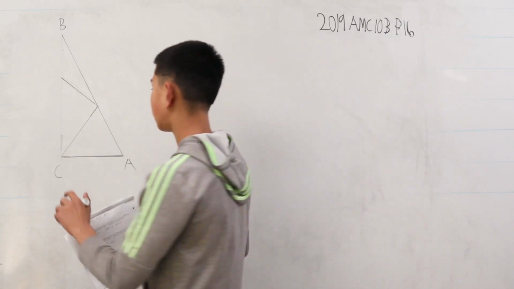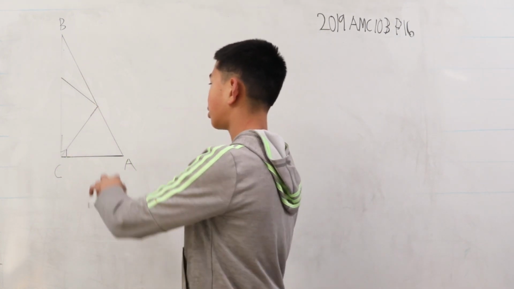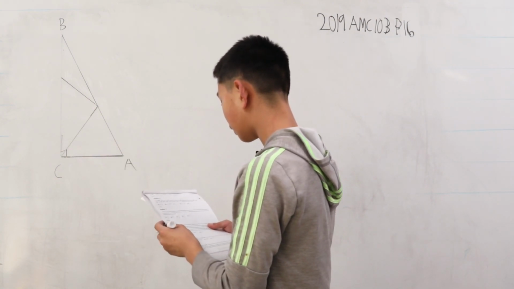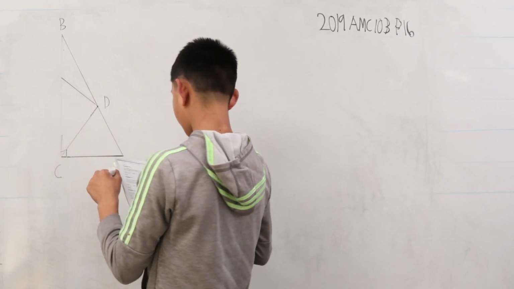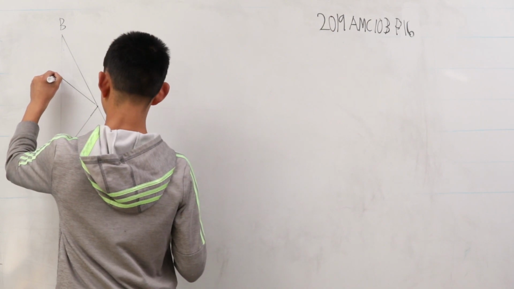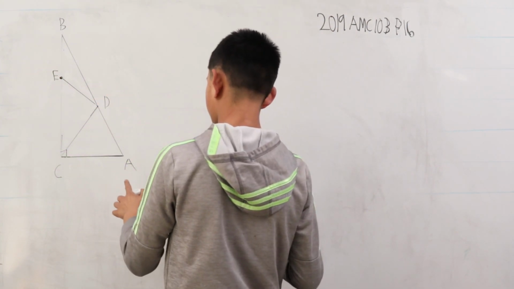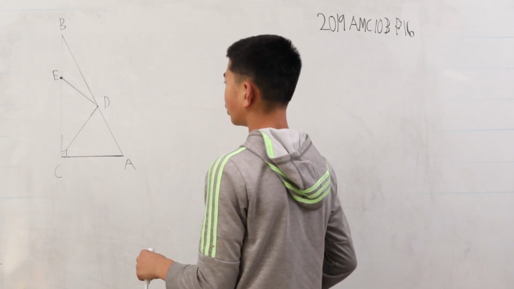So we have a right angle here, at point C. This is roughly the triangle. This is D here. I forgot to label it, but that's fine. And this is E. Now, let's just find out what we know.